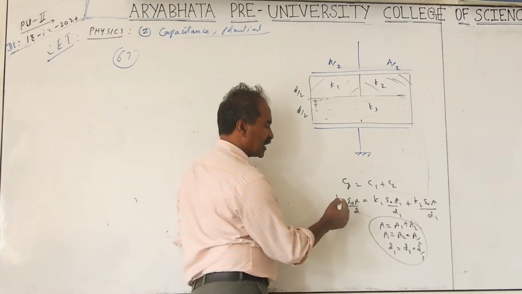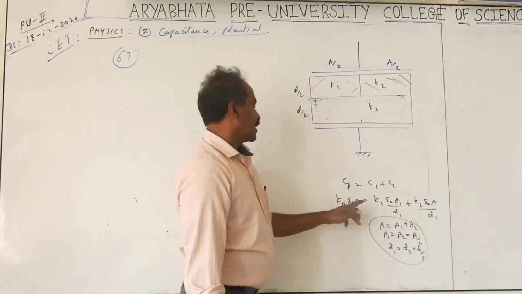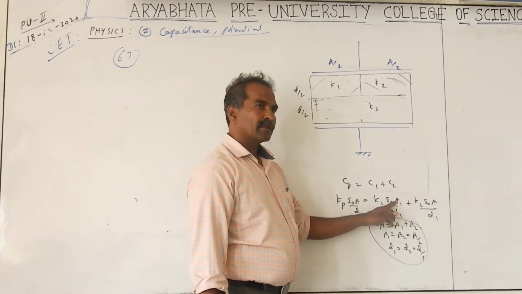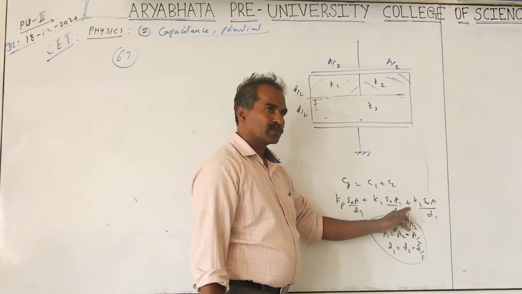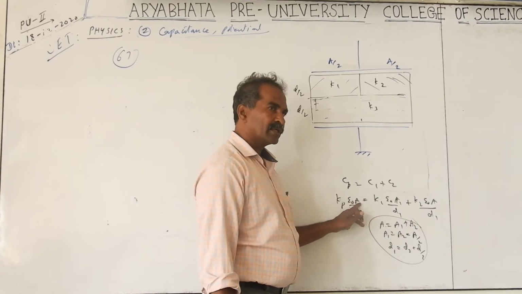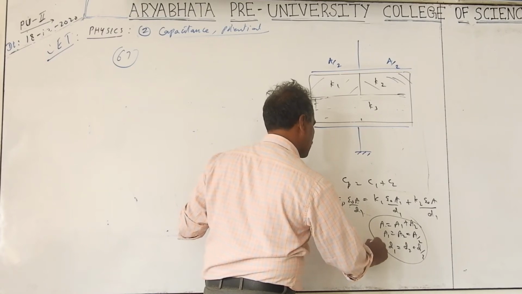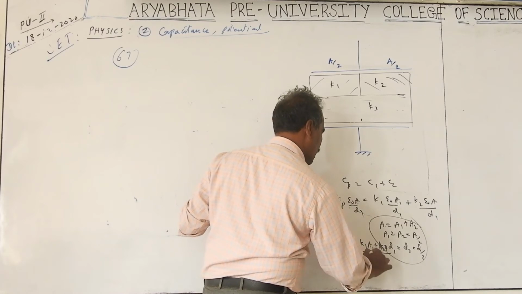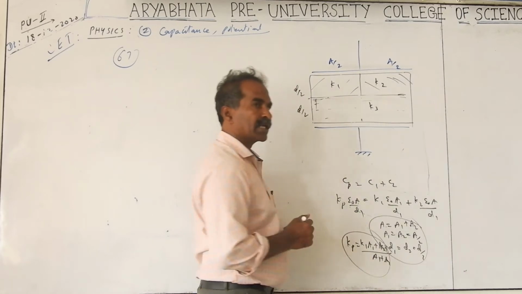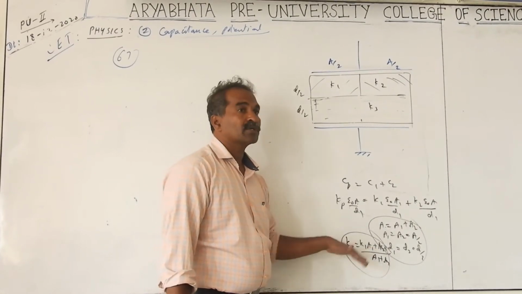K parallel equals K1 A1 plus K2 A2, with D the same here, equals K into A. So K parallel becomes K1 A1 plus K2 A2 by the total area A1 plus A2. But A1 equals A2, each A by 2, so it is K1 plus K2 by 2.